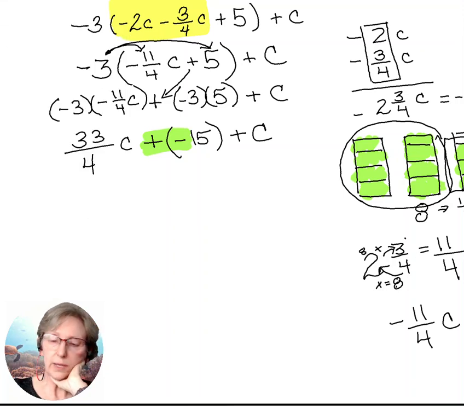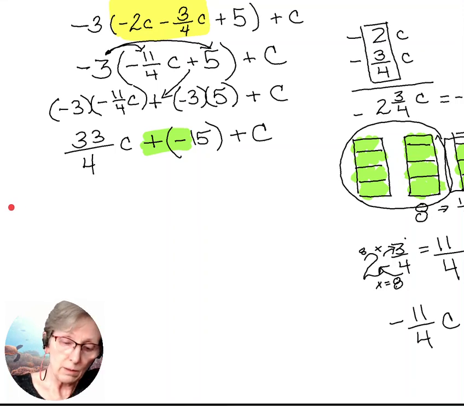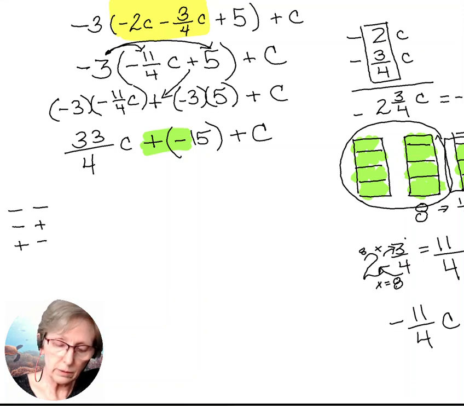When simplifying neighbor signs, which is what I call two signs next to each other like that, you can have, I'll put this over on the left, minus a negative, minus a positive, plus a negative, or plus a positive.